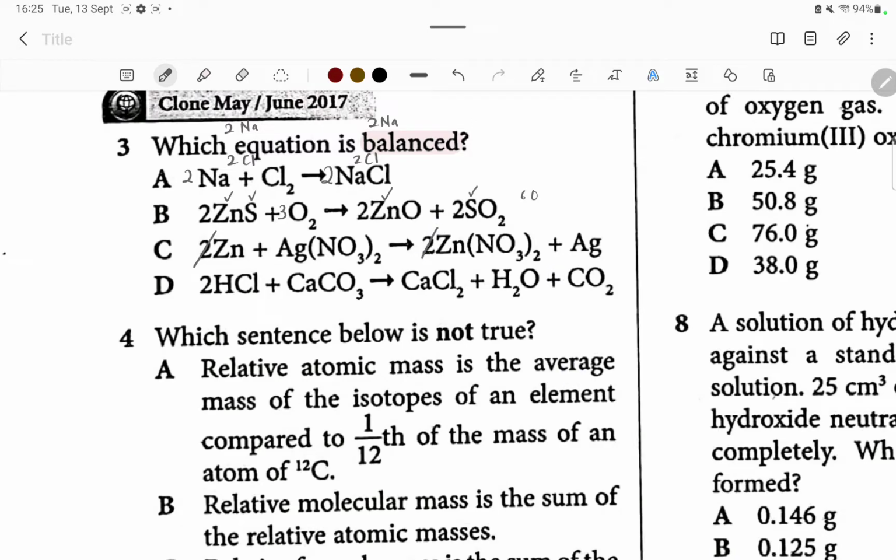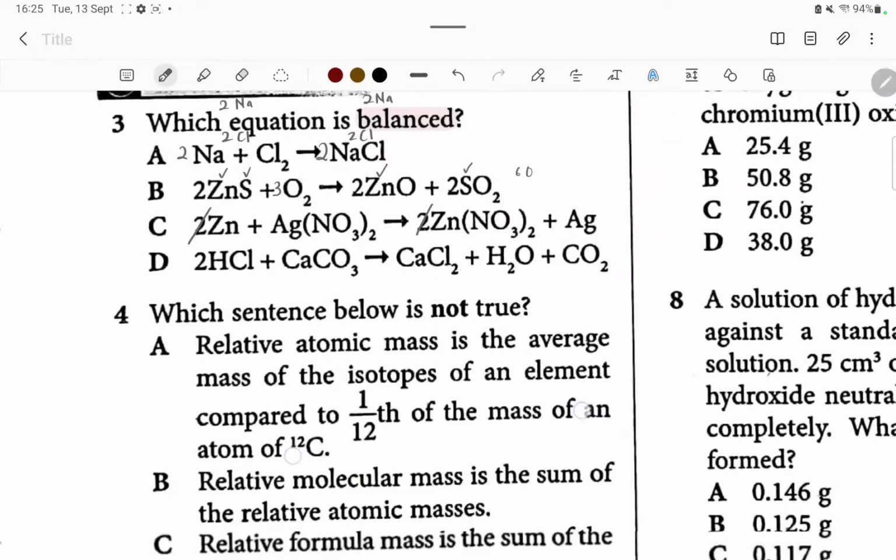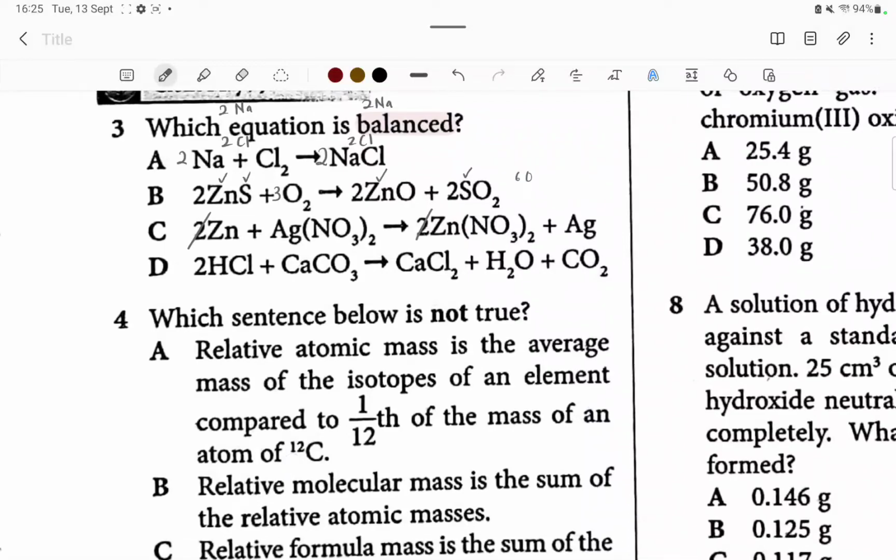Then you get 1Zn, 1Zn, and then 1 NO3, 1 NO3. Okay. So let's look at D. 2H, 2H. 2Cl, 2Cl. 1Ca, 1Ca. 1C, 1C. 3O, 1, 2, 3. So D is the correct answer because D is balanced.